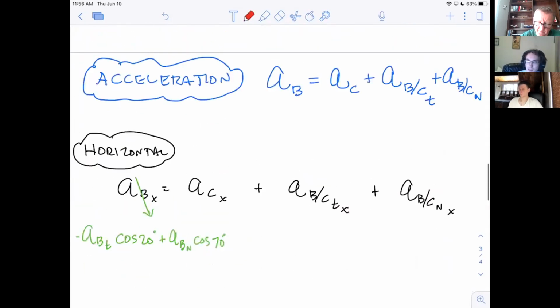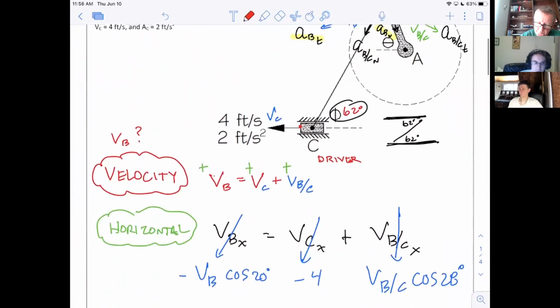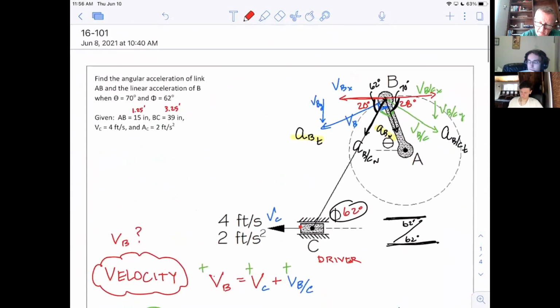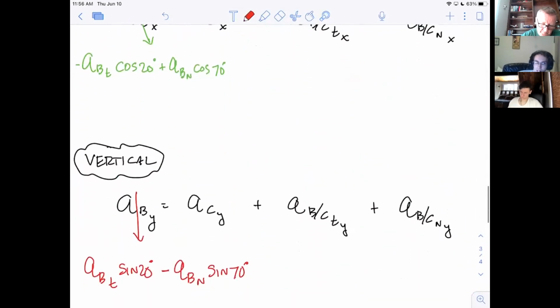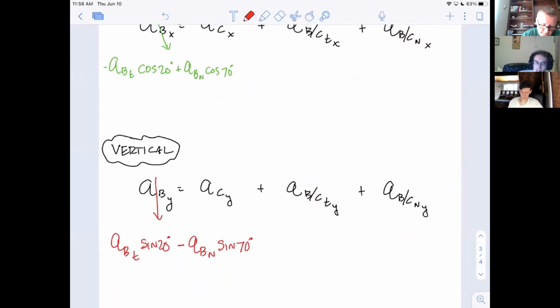But what about tangent? Again, I'm only looking at Y. We'll notice it's also going down, so it's negative as well. So in other words, looking at the whole thing, I've got a negative X and a negative Y for my tangential component, but I've got a positive X and a negative Y for my normal component.